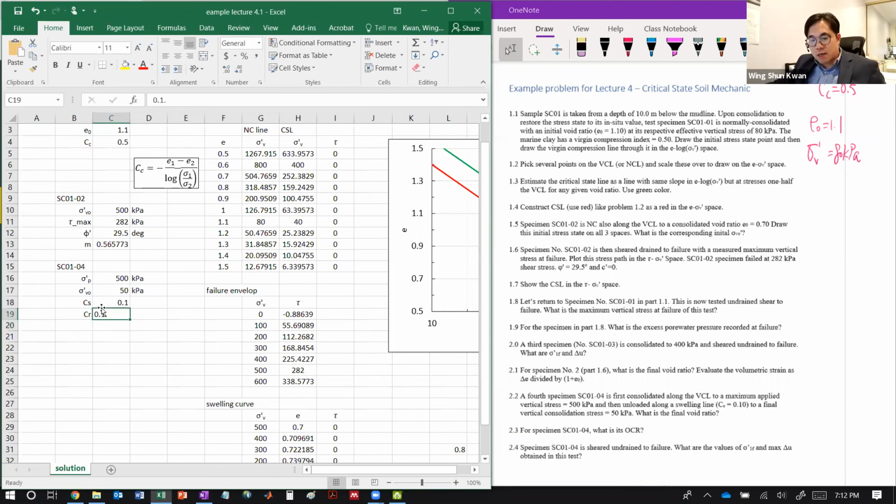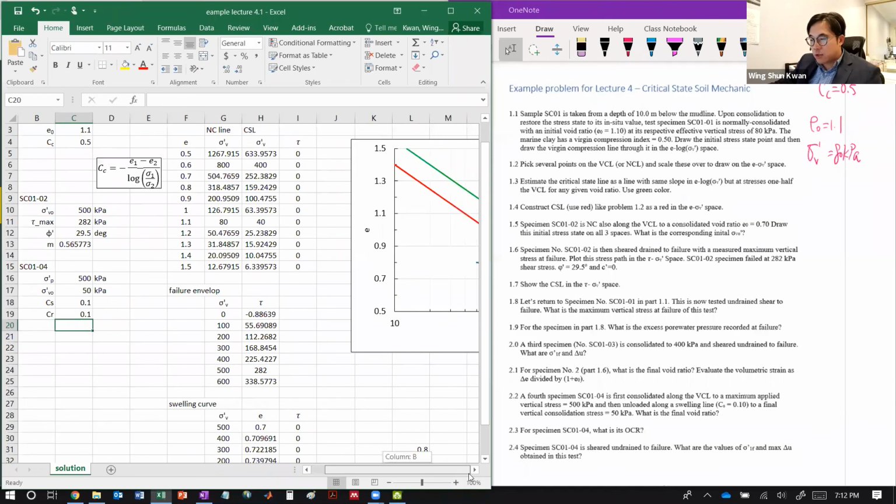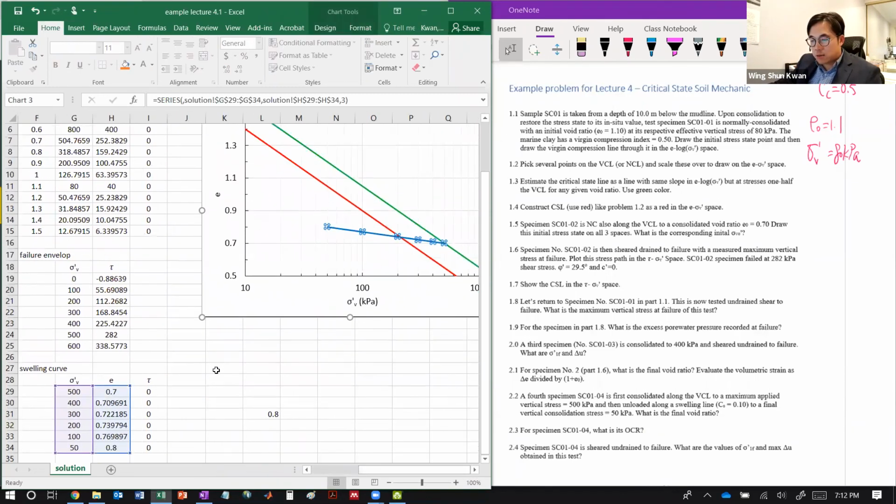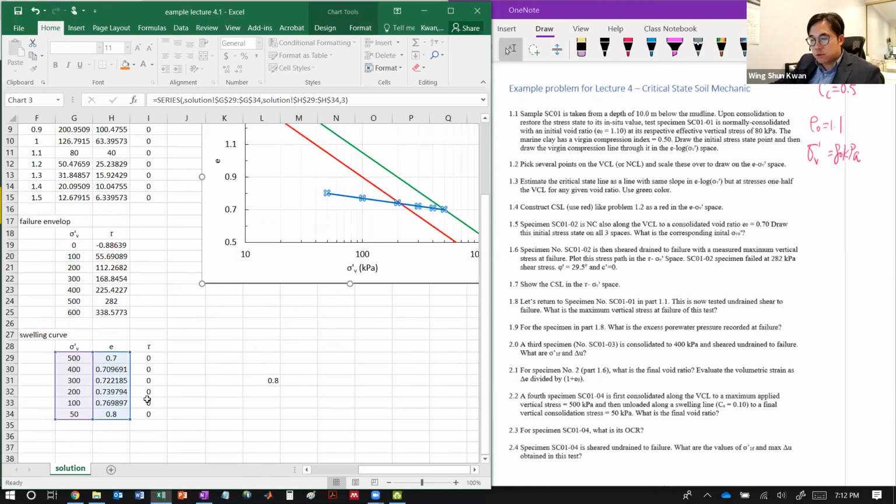So with the slope, which is 0.1, and a point, you should be able to construct this overconsolidated line right here, with the stress and the void ratios. Pretty much the rest of the problem will just ask you, after constructing all these lines, at different stress states, where you start, and then predict what the final stress is.